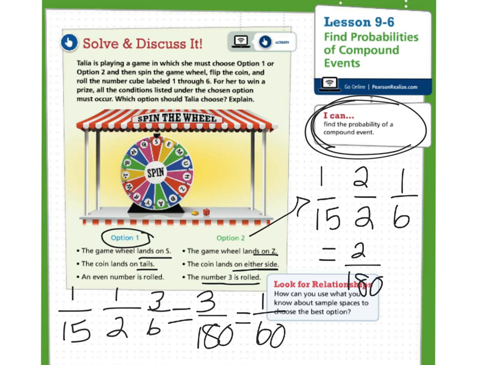The number of outcomes between the spinner, the coin, and the cube has not changed. What does change is the number of favorable outcomes, because it depends on what we want to have happen. So in this case, 2 out of 180 actually simplifies to 1 out of 90. So where do I have the greater chance? I have a greater chance if I choose option number 1.